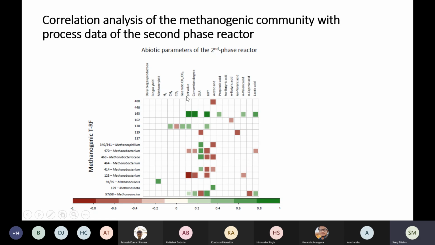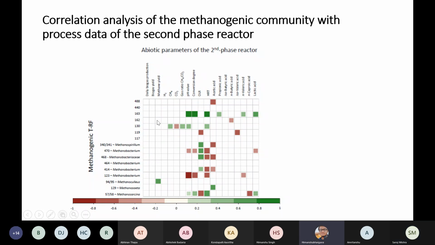If we were to monitor the pH value, which is existing at that particular time, with, for example, the presence of this 163 microorganism, there is a very good correlation here. I hope you're able to understand the data. It's very valuable.